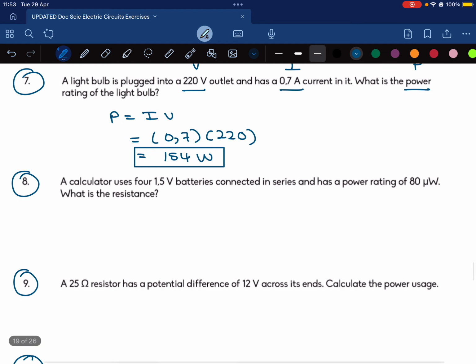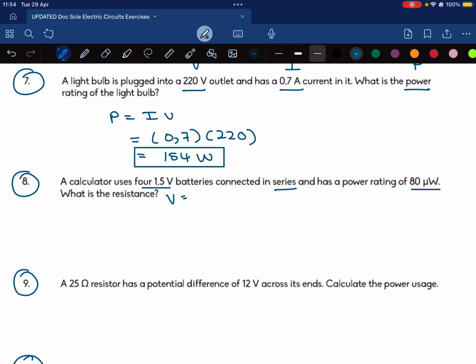Then it says a calculator uses 4 1.5 volt batteries connected in series and has a power rating of 80 microwatts. What is the resistance? Firstly we have voltage, which is going to be 4 1.5 volt batteries.